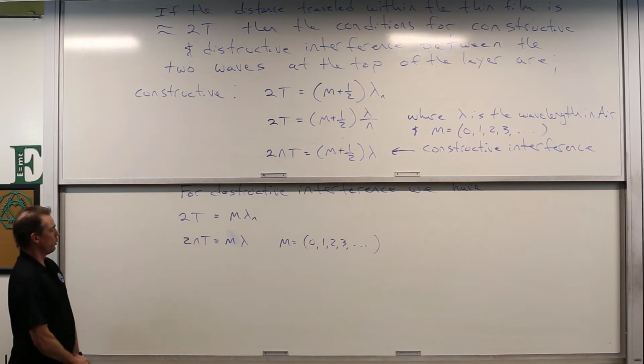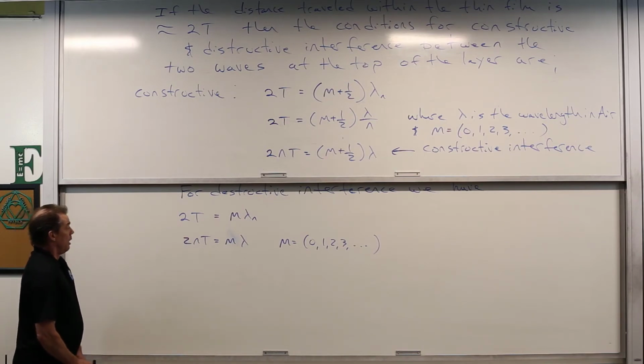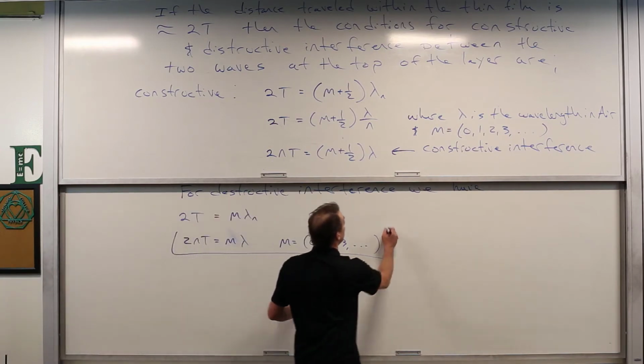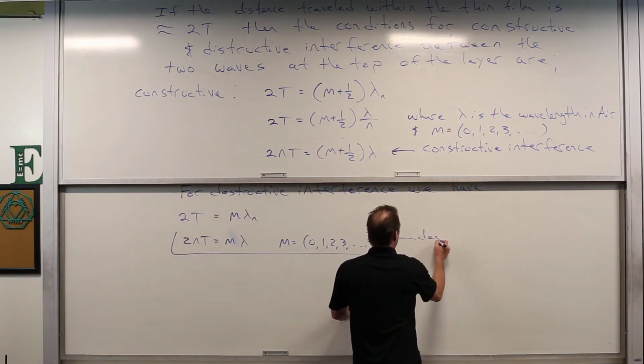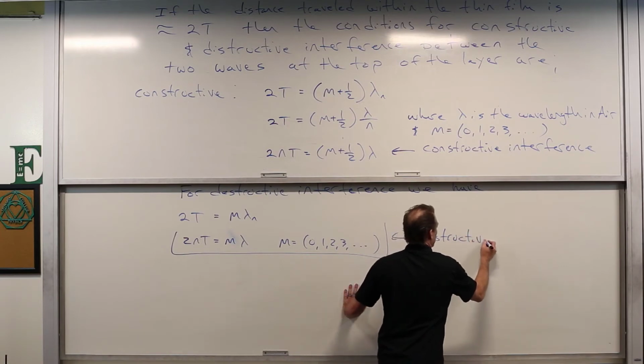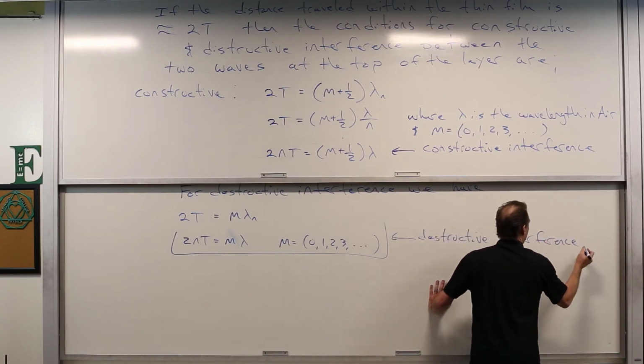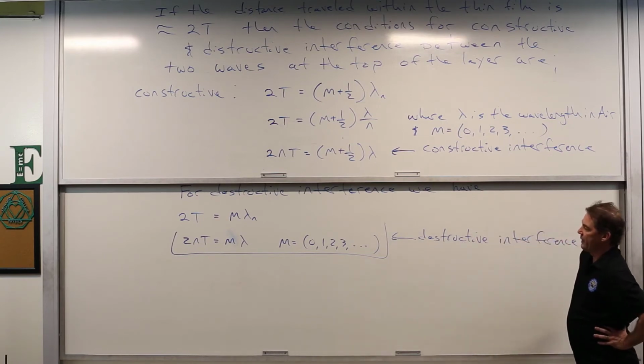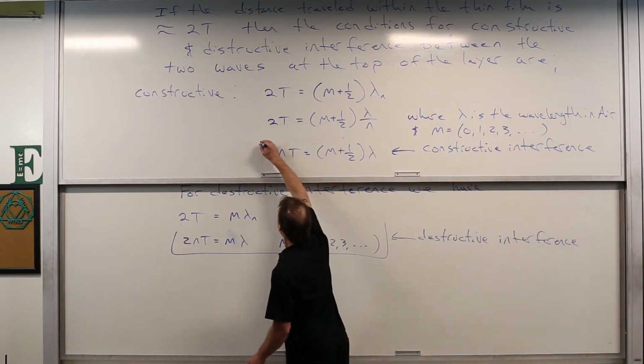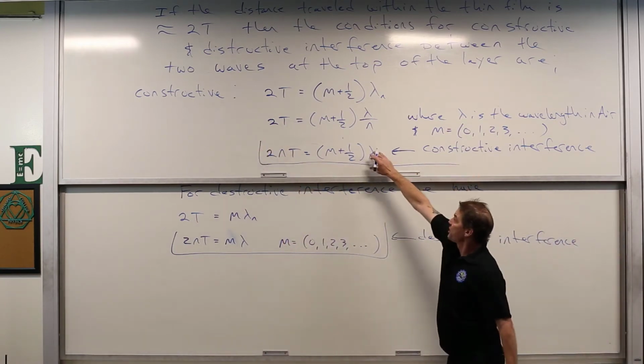So integer multiples of lambda. That's the condition for destructive interference.